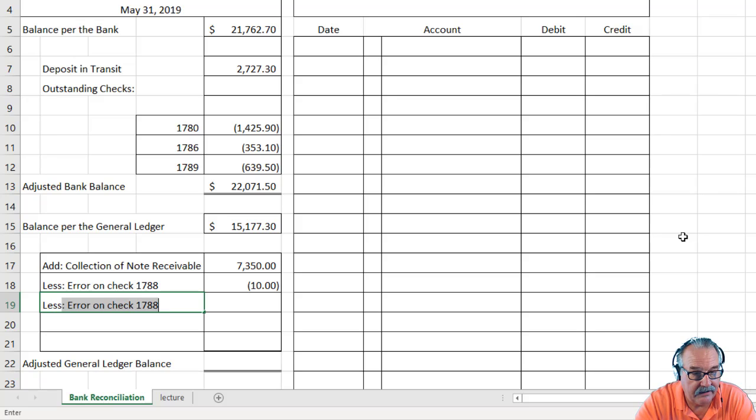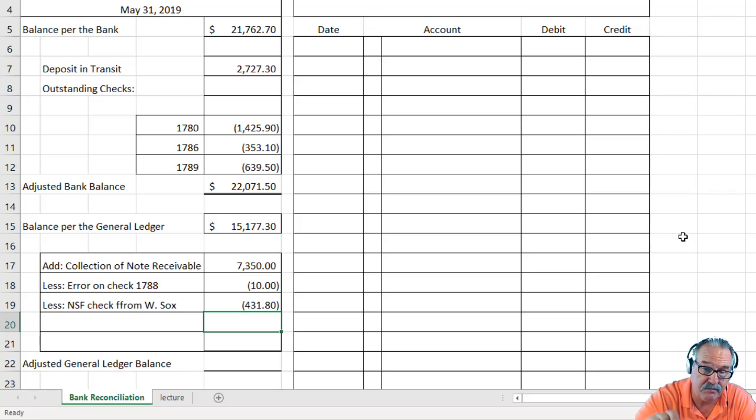We also had a customer who bounced a check, WSOX. In other words, they gave us a check, we put it in the bank account, and then maybe a week or 2 later, their bank came back and said, sorry, but this person doesn't have enough money in their account, so now the bank has taken it out of our account, and we need to put it back in the general ledger.